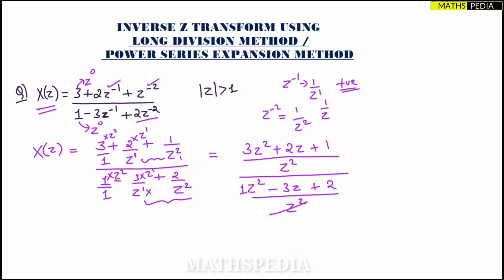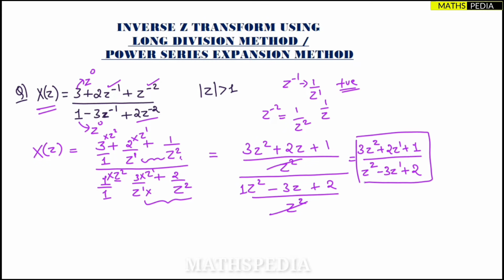Now here z square gets cancelled, so what is the remaining thing? It is 3z square plus 2z power 1 plus 1 divided by z square minus 3z power 1 plus 2. Okay, so this is the answer we are getting.